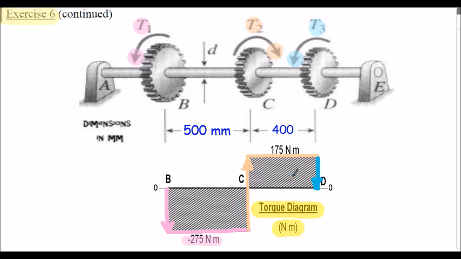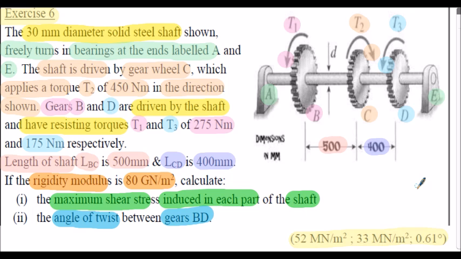And we can then do the same for section C to D. We know the applied torque is 175 Newton meters between C and D. To get the overall angle of twist between B and D, we simply add the angle of twist BC to that of the angle of twist CD. So if you now think you can attempt exercise 6 without further assistance, I would encourage you to stop the presentation and do so, but I will show you the full worked solutions on the following slides.